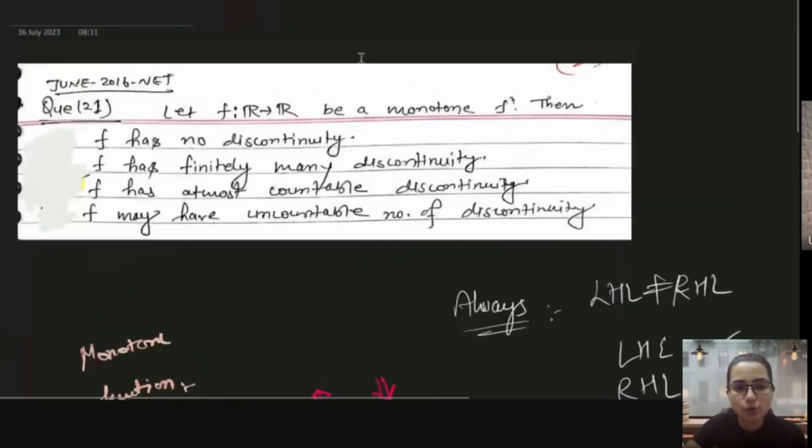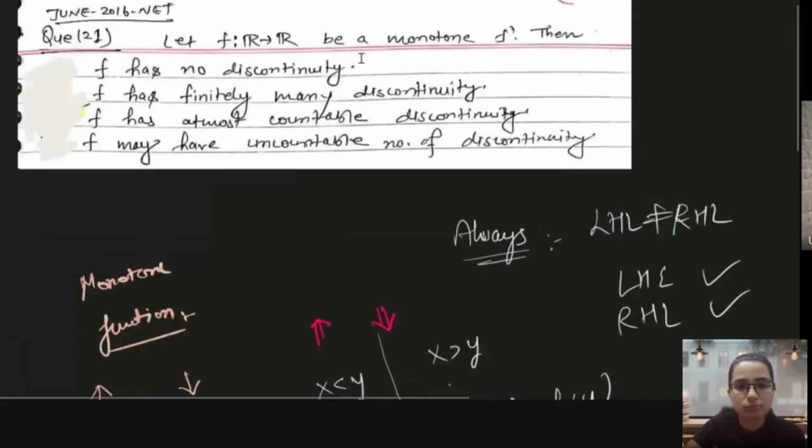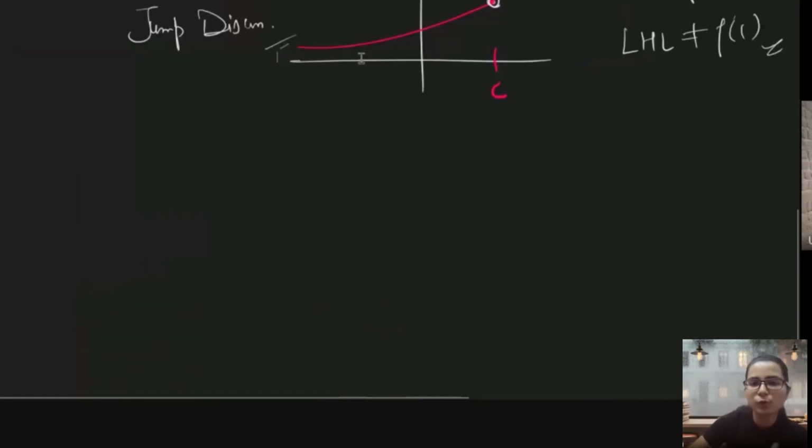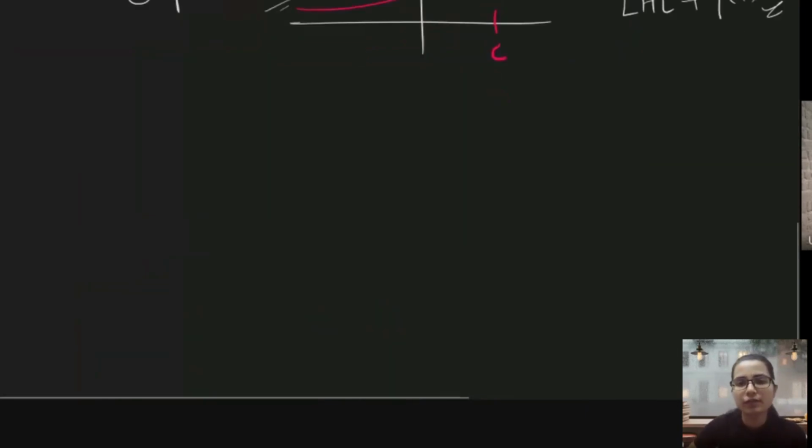Now let's move on to another idea which is very important about monotone functions, and this is used in every exam, whether it is NET, GATE, CSIR NET, CSIR GATE or JAM.